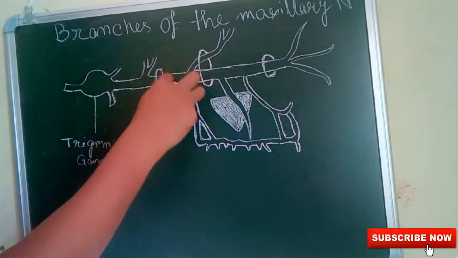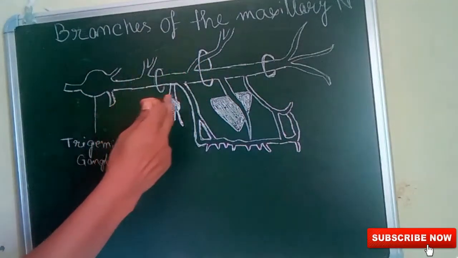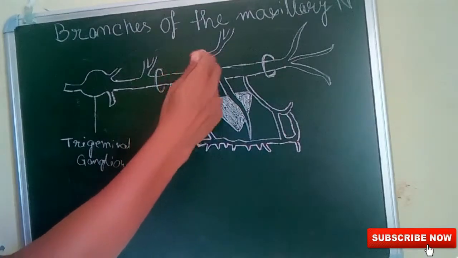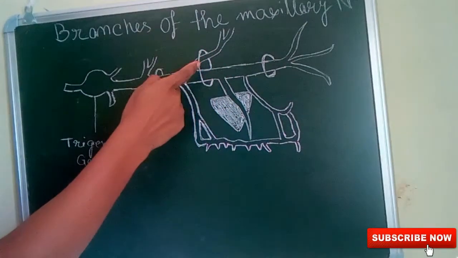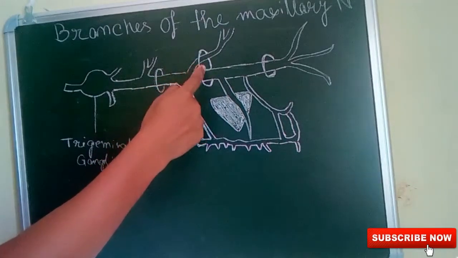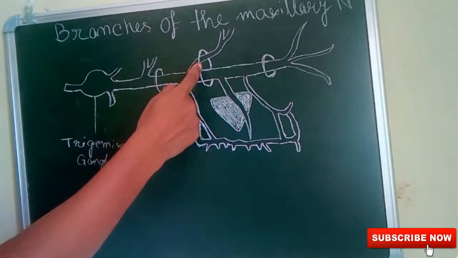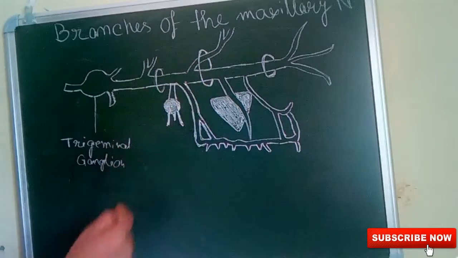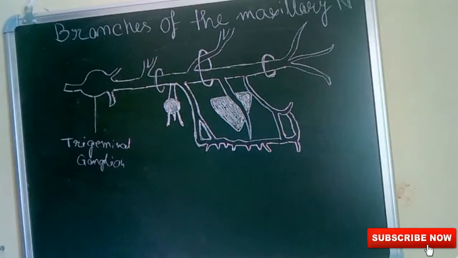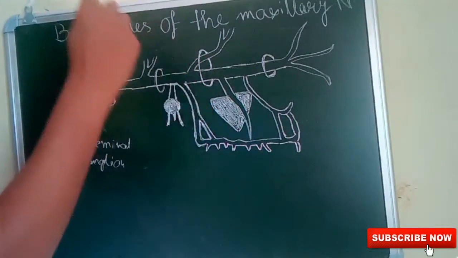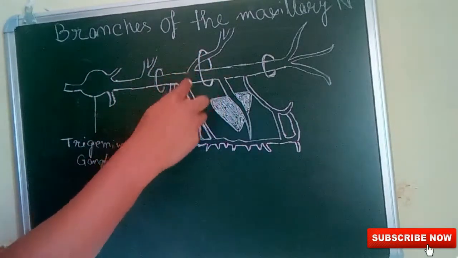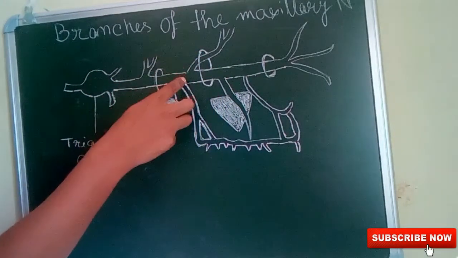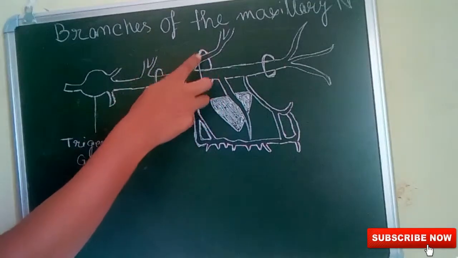That is the pterygopalatine fossa. Then it runs straight into the upper part of the fossa and enters the orbit through a fissure, that is the inferior orbital fissure.